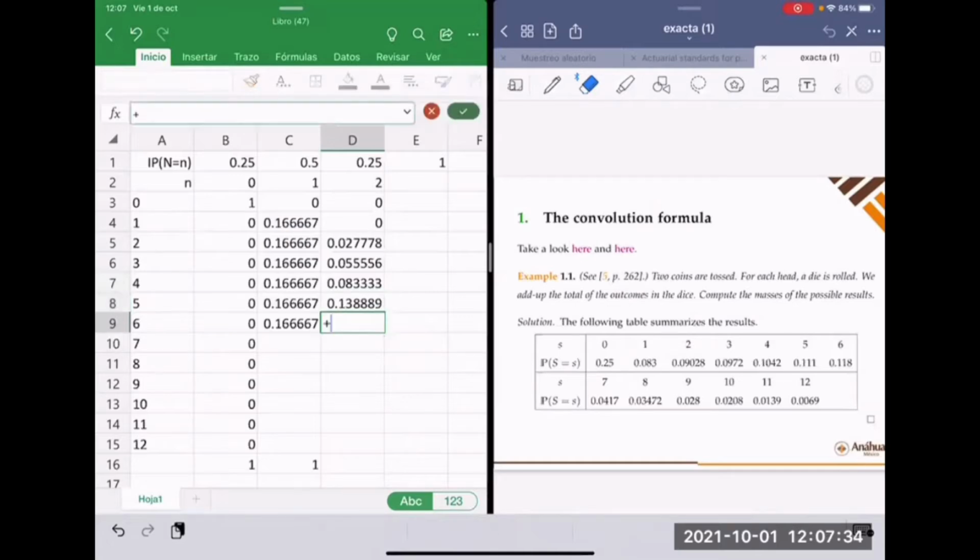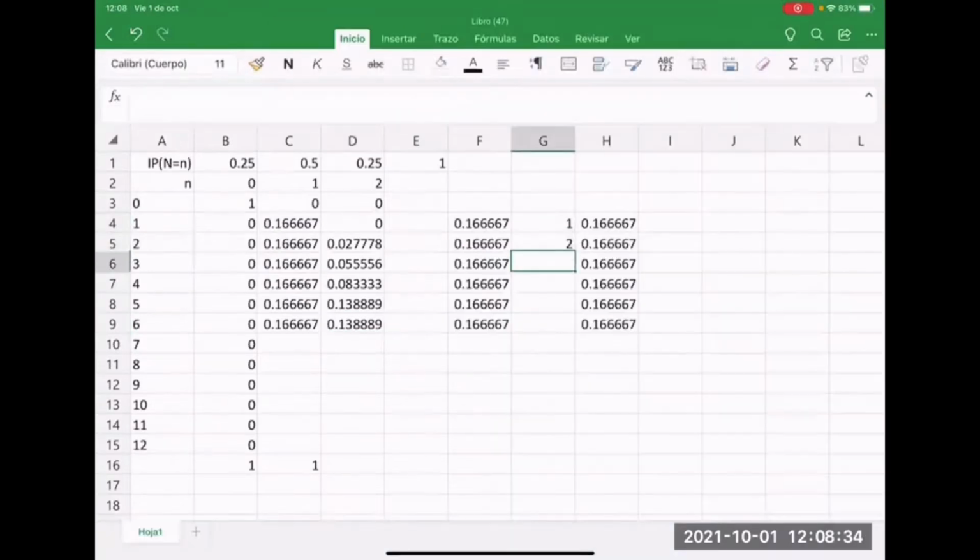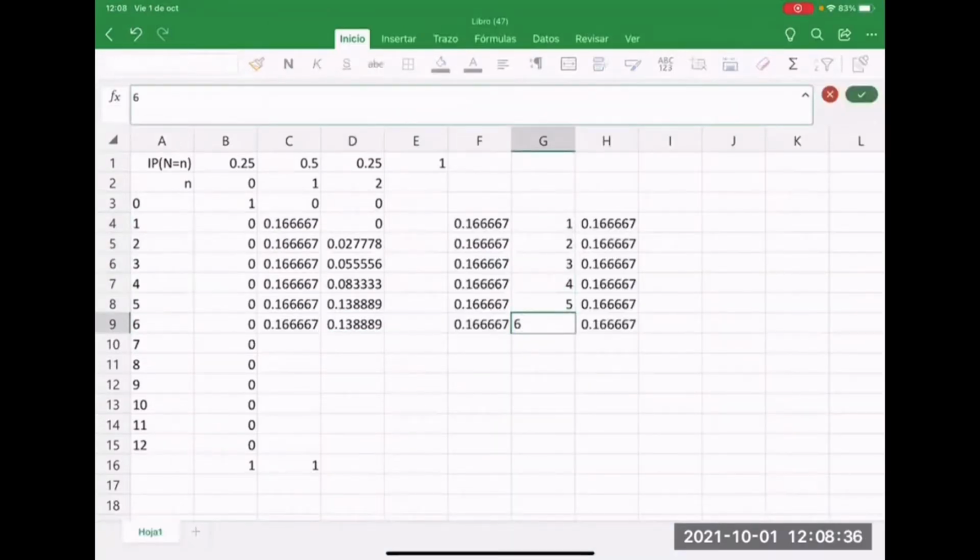Now, in order to get the 6, we need to get 1 and 5, or 2 and 4, or 3 and 3, or 4 and 1, or 5 and 6. I think I made a mistake here. So here's what I'm gonna do.